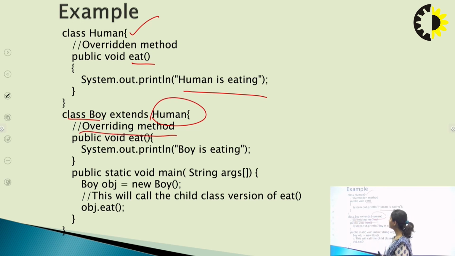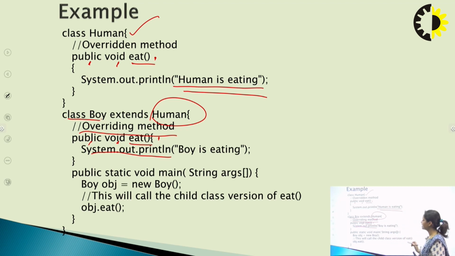Now how is it overriding? It also has the same method name: we have eat and eat. Both have the same access specifier, same data type and same parameters. But the body of this eat is totally different from the body of eat in the Human class. It will print "boy is eating" and the other will print "human is eating".